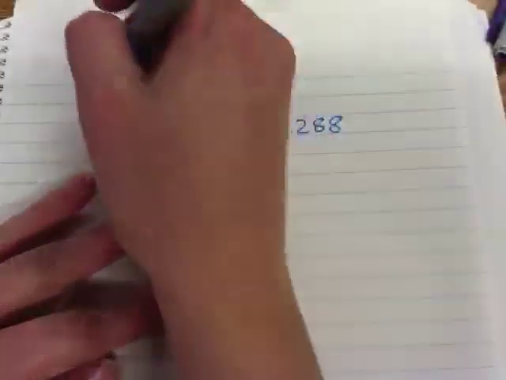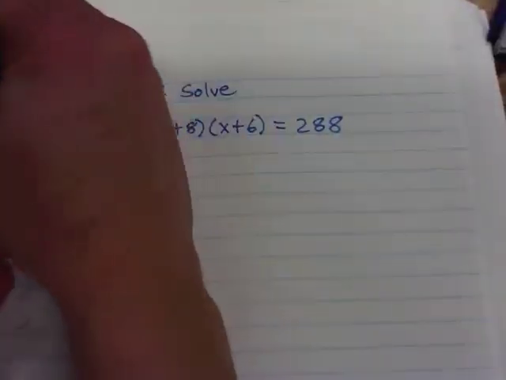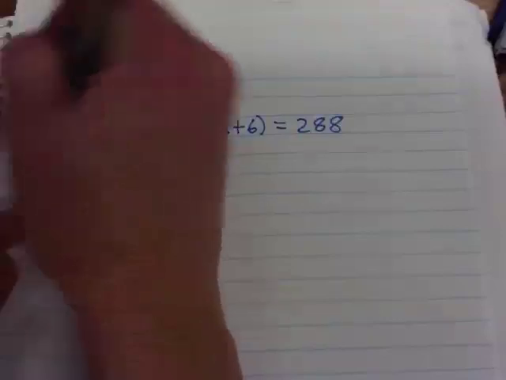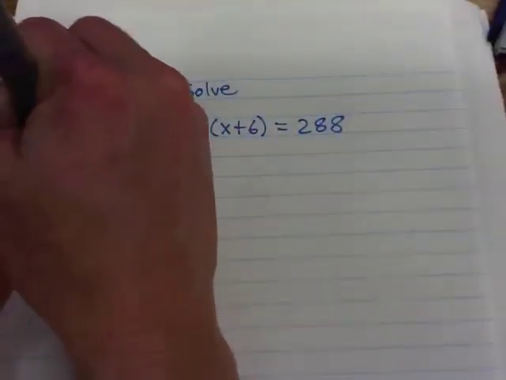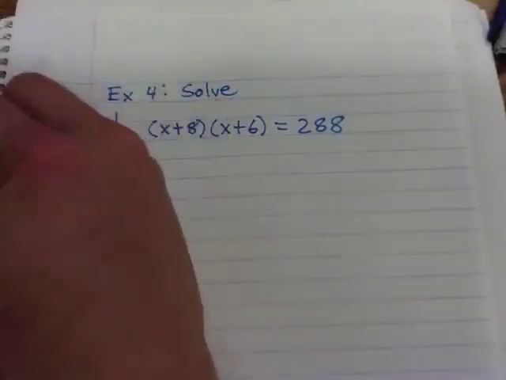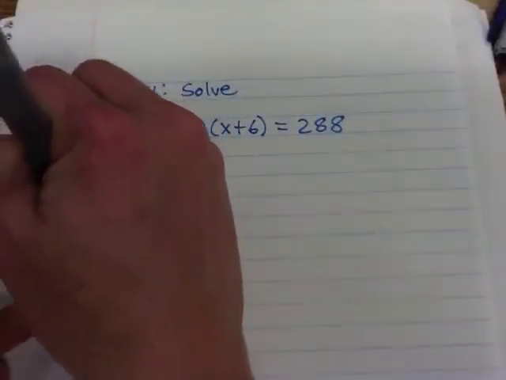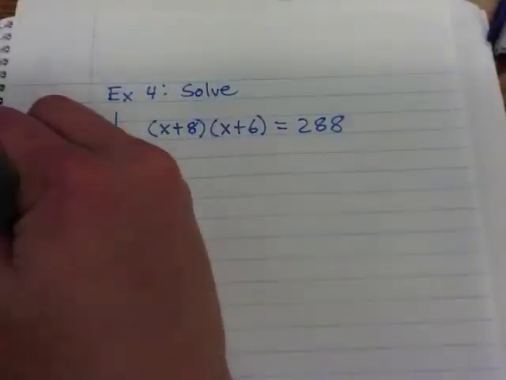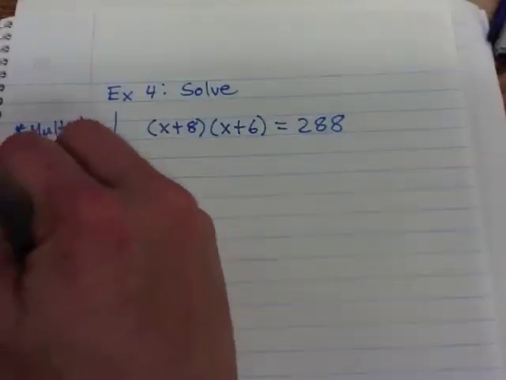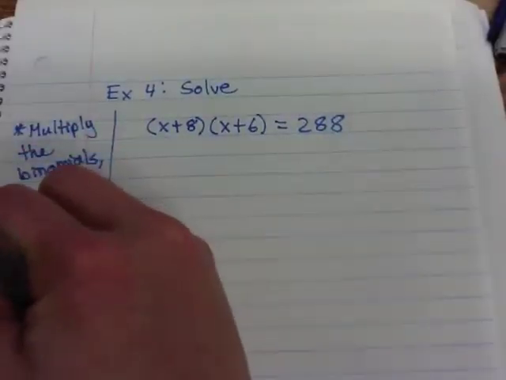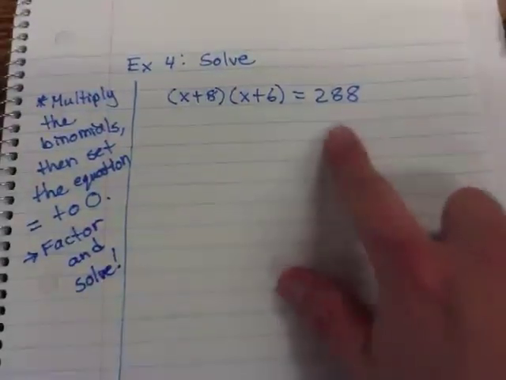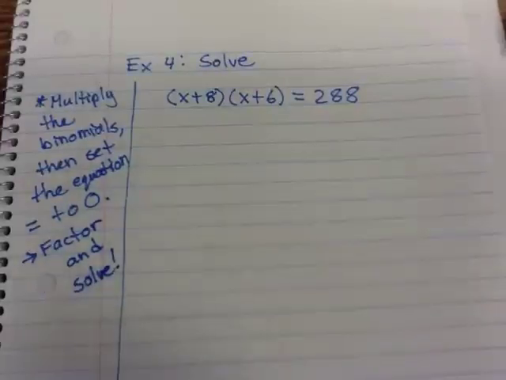So you're going to multiply the binomials, then set the equation equal to 0. Factor and solve.